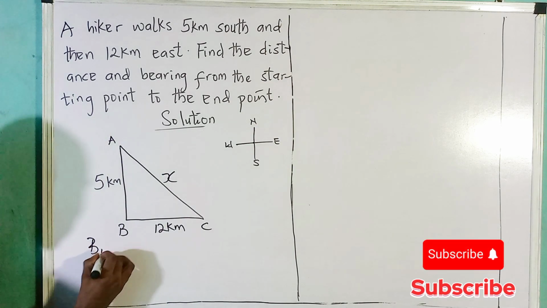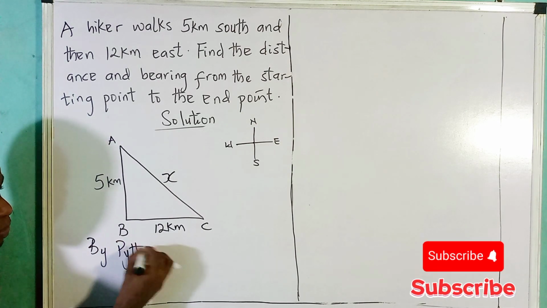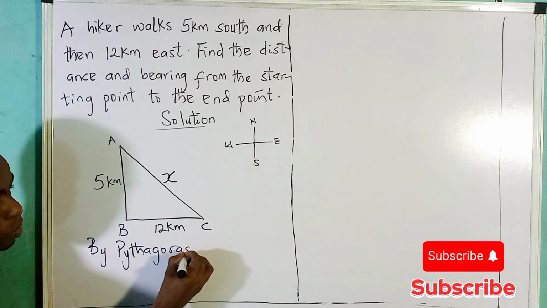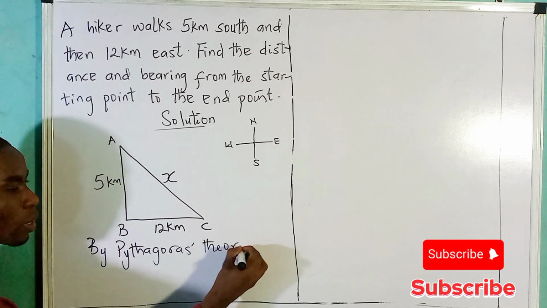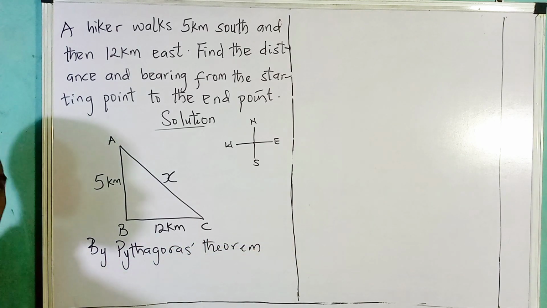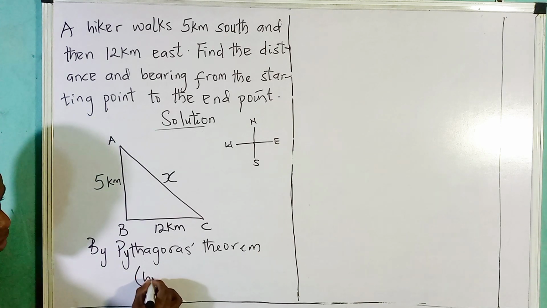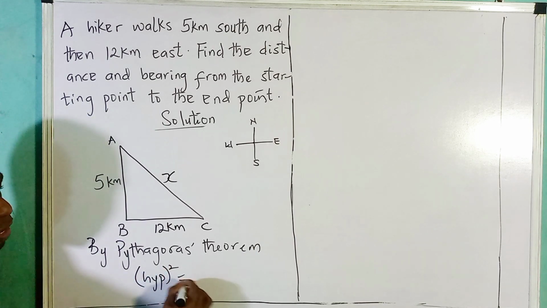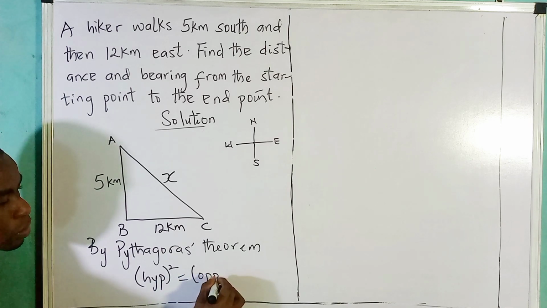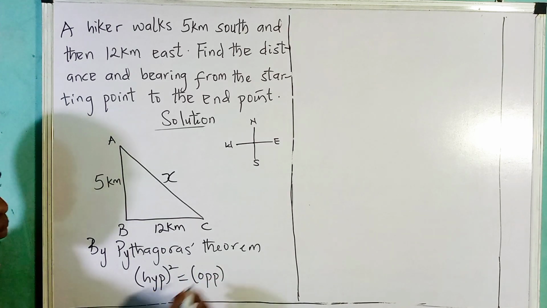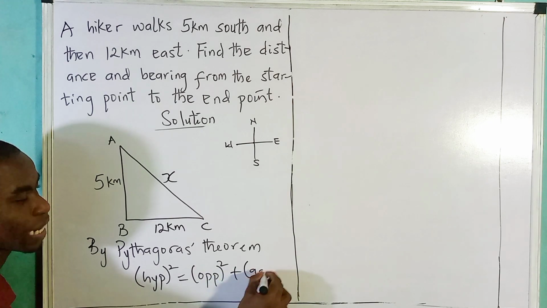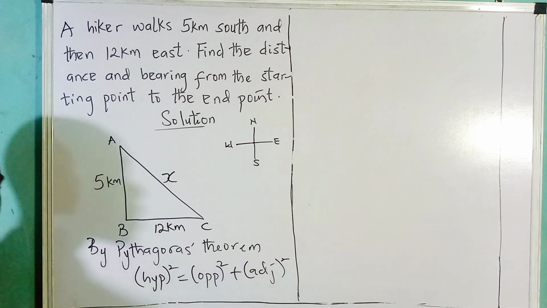Now by Pythagoras theorem, we know that the square of the hypotenuse is equal to the square of the opposite plus the square of the adjacent. What is the hypotenuse?